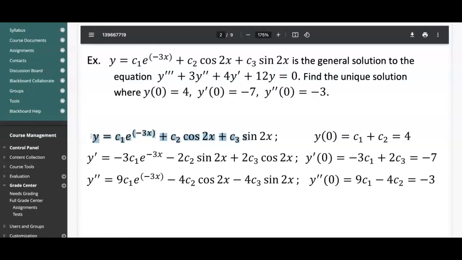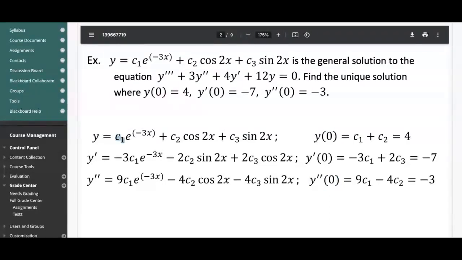We start with y. Taking the first derivative, y prime, we get this. Second level derivative, we get this. Plug in the initial value for y, for y prime, and for y double prime.